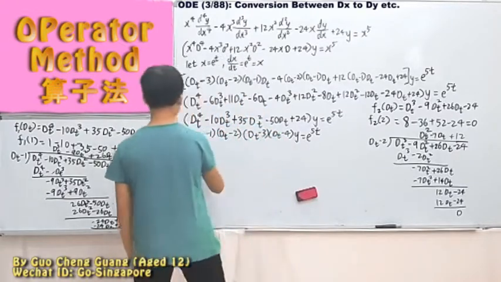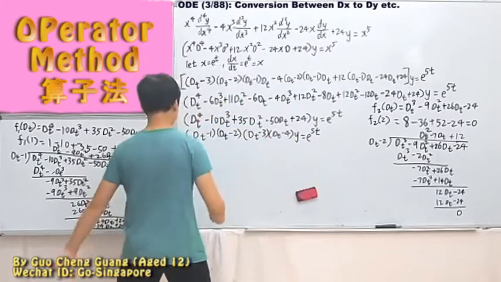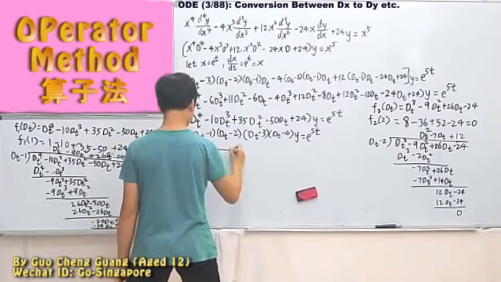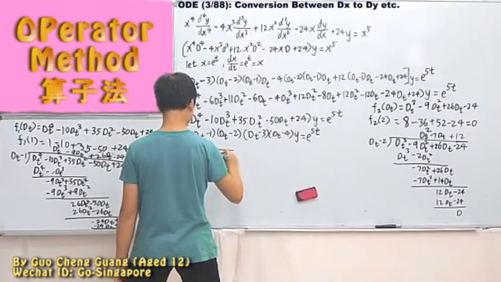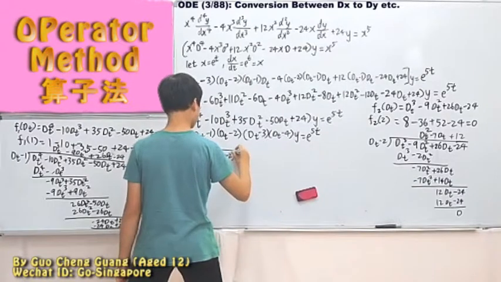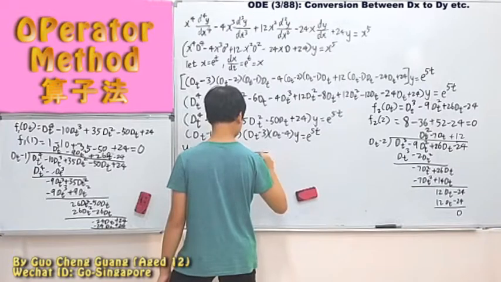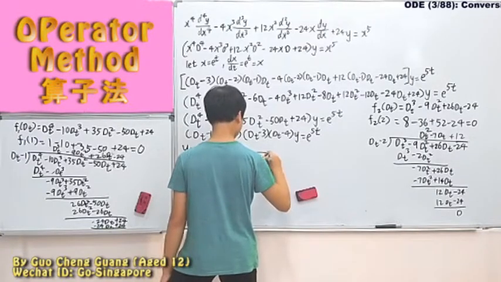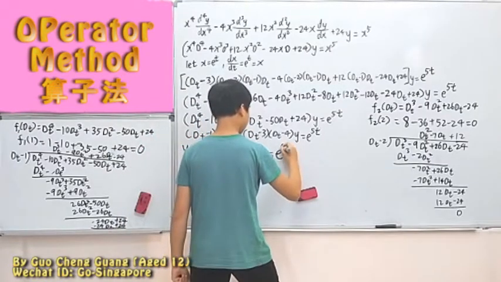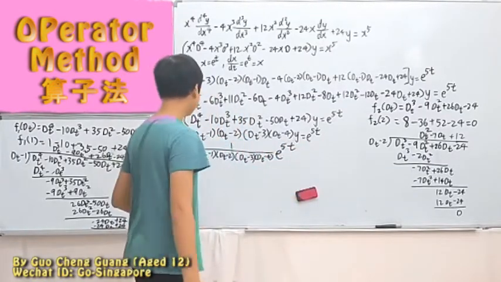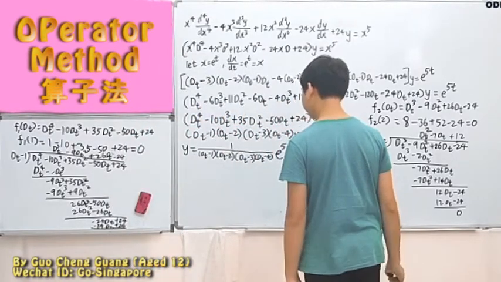Okay, so that means to find y, we're just going to move this to the other side. So that's what you get here. Okay, so this is the part that you have.